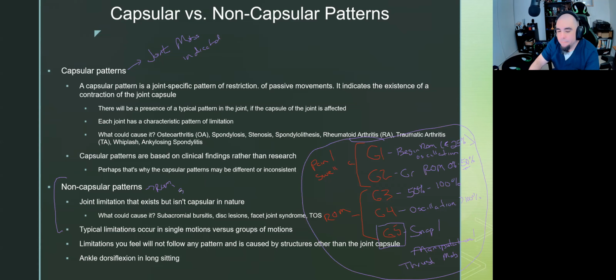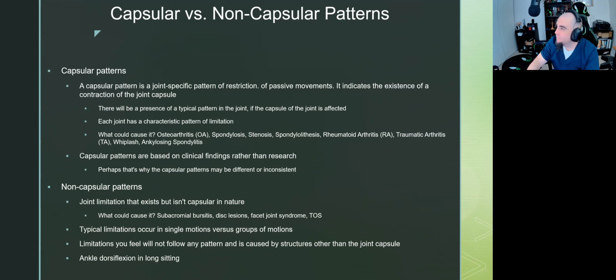You at least get that part of it for now. Is that part at least clear? Even if you don't understand fully what a capsular pattern is, because I think I've got the capsular patterns coming up. Okay, good. All right, that's what I'm looking for, is at least that we get that part of it. The rest of it will come, young Padawans.